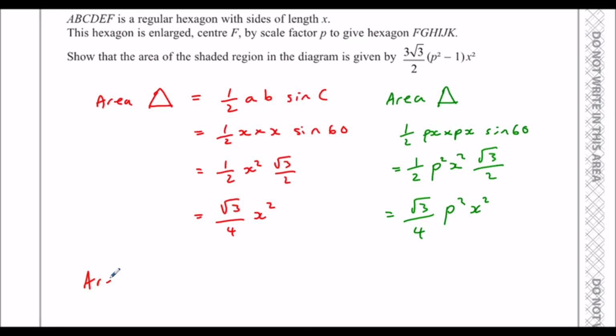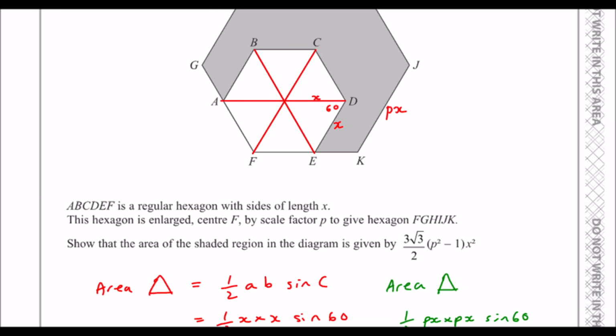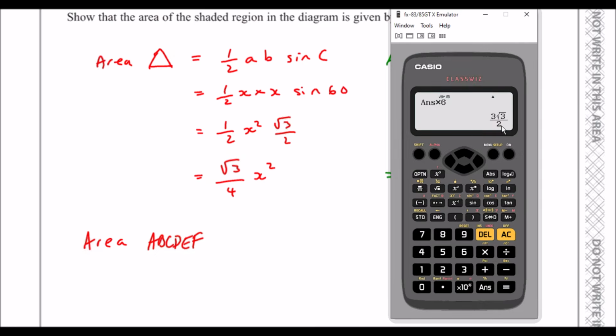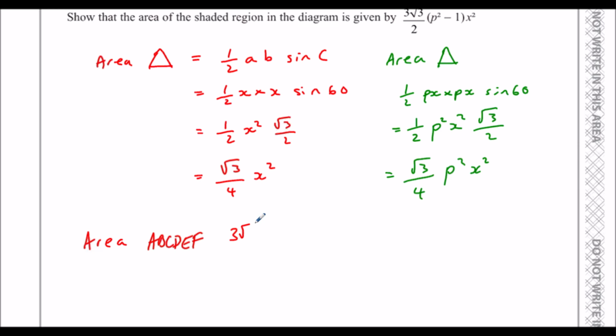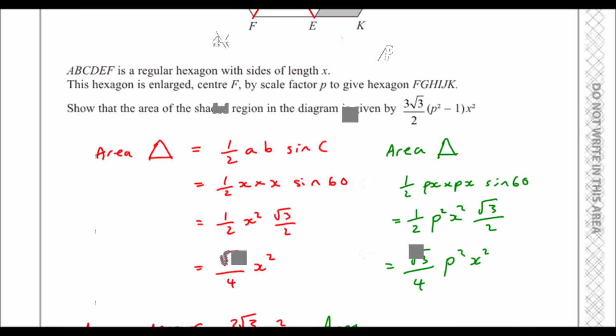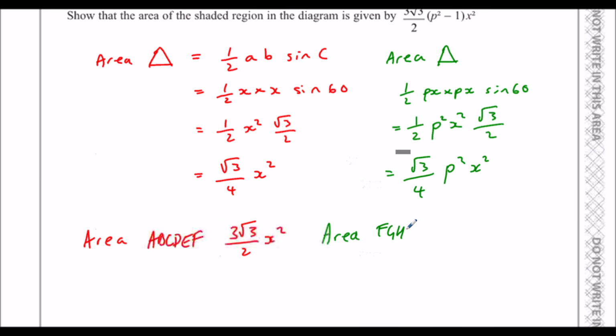So the area of ABCDEF is 6 times this, which was 3 root 3 over 2 x squared, and the area of FGHIJK will be 3 root 3 over 2 p squared x squared.